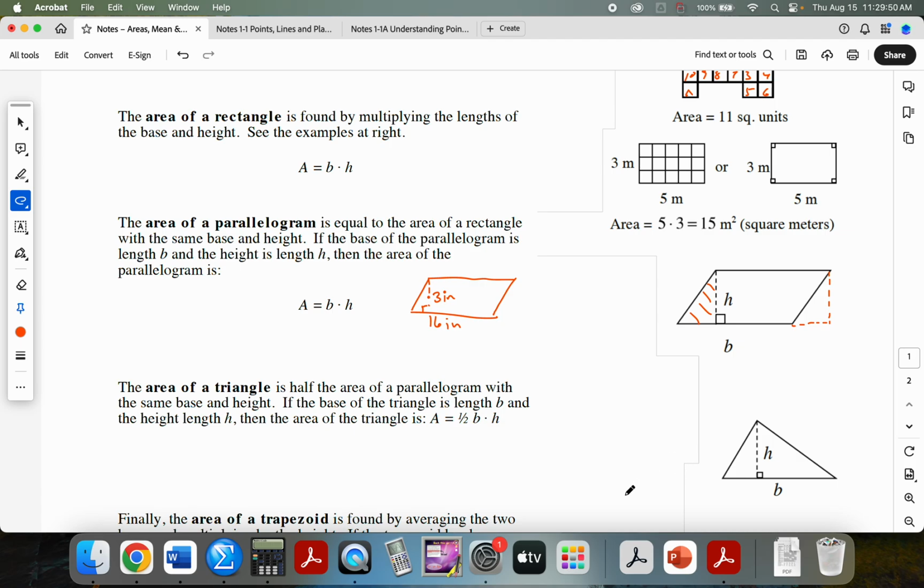Oh, by the way, when we're drawing figures, if you're a super neat freak and want to use one of these, it's a template drawer, you're welcome to just come up and grab one, and you can make really nice, neat figures if you are into that. So the area here is going to be 16 times 3, which is 48 square inches.